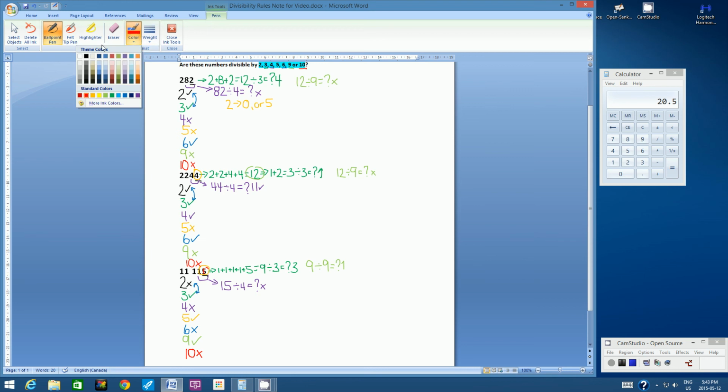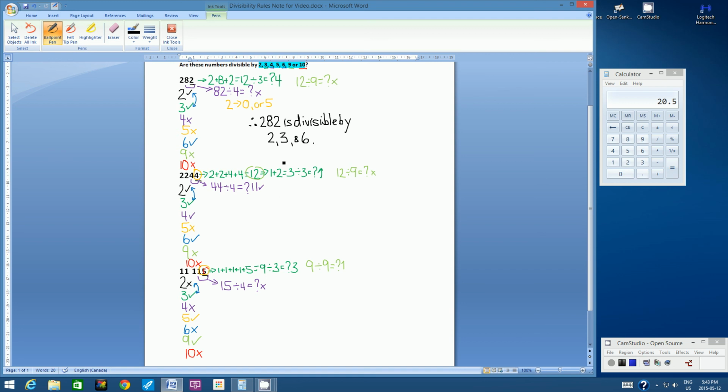Okay, so if we were to write a therefore statement for each of these questions, therefore, 282 is divisible by, and then let's see, 2, 3, and 6. Okay, so there's a nice therefore statement for each of these questions.